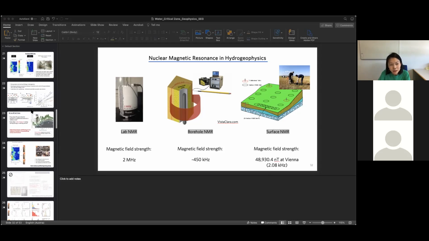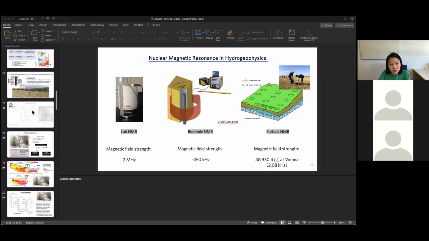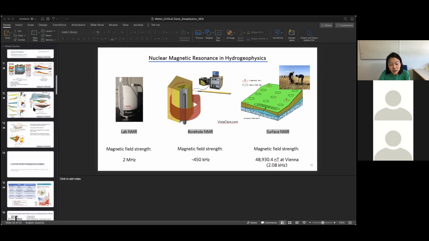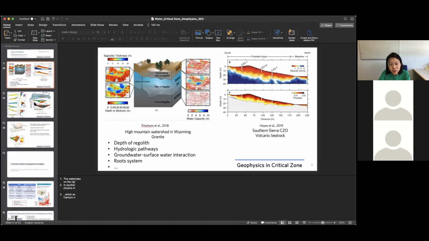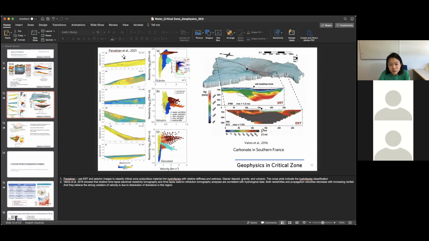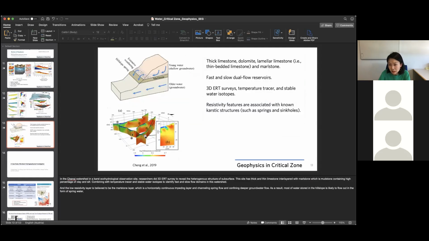Some of the studies I highlighted here from other researchers also showed, for example, this one is ERT coupled with seismic, and this one also ERT coupled with seismic, and this one is a 3D ERT measurement. I think ERT is still very powerful and very useful, especially for carbonate aquifer studies.